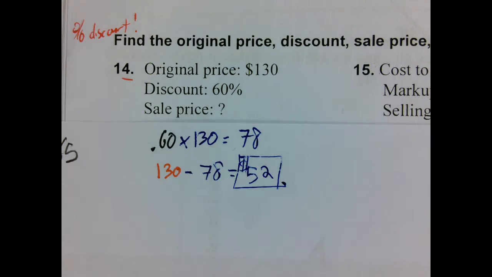So whether it's a tax or a tip or a discount, markup, make sure that you can do problems like that. Whether it's a word problem or listed just like this, that is 1 or 2 problems on your semester test.